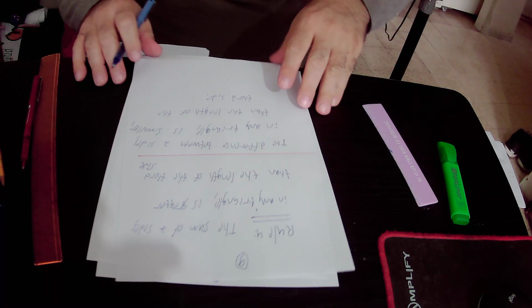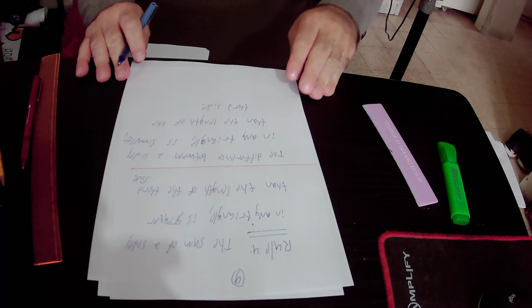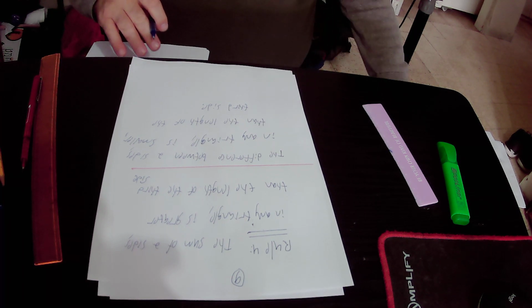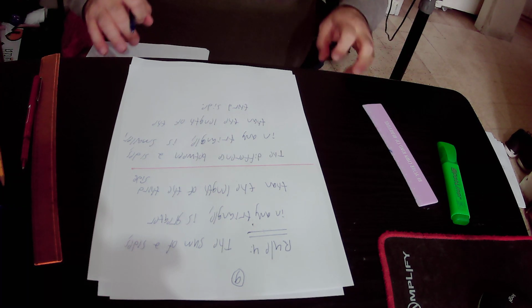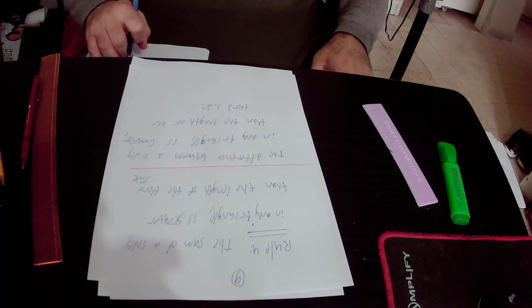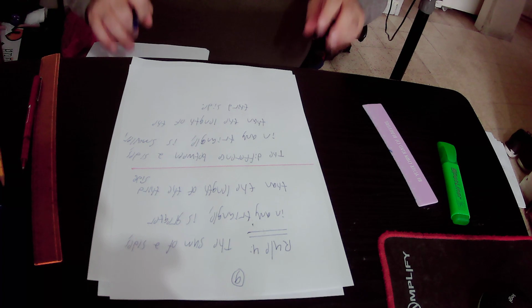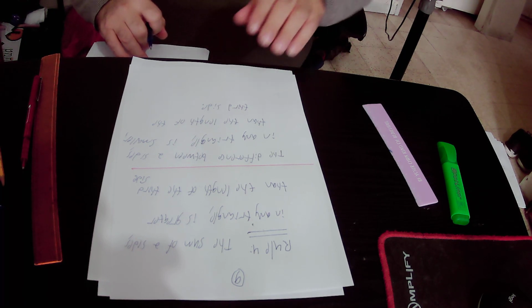I will repeat the second part of rule number 4 again. The second part of rule number 4 states that the difference between two sides in any triangle is smaller than the length of the third side.